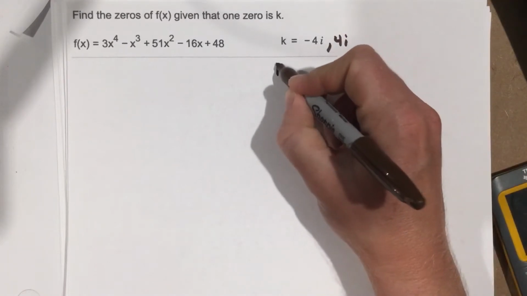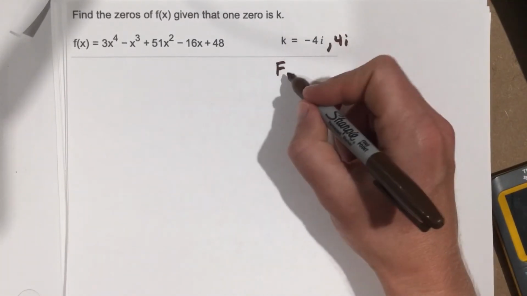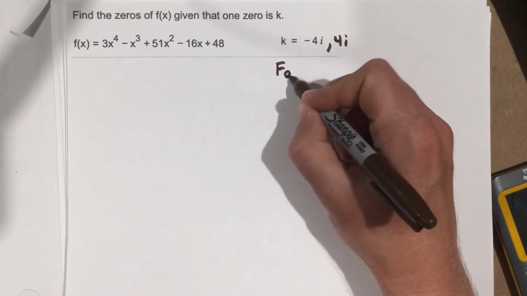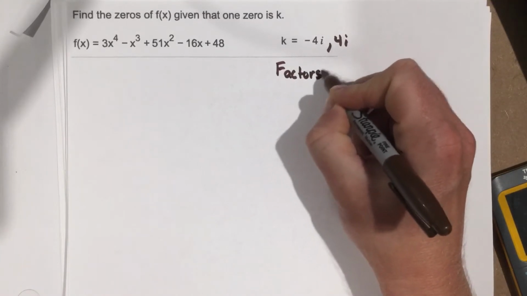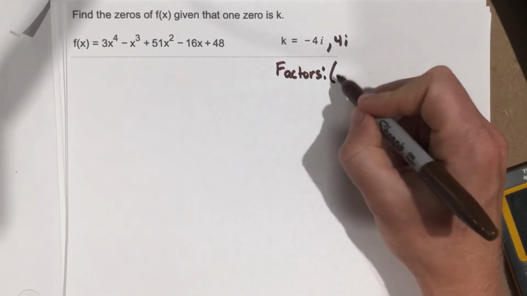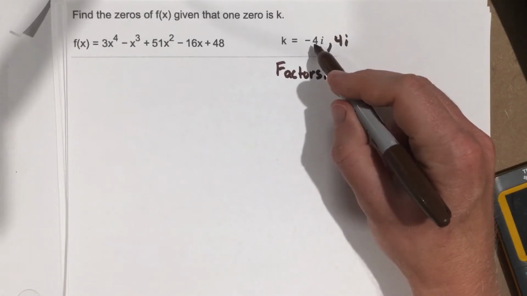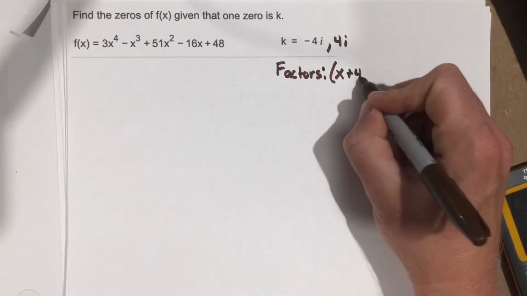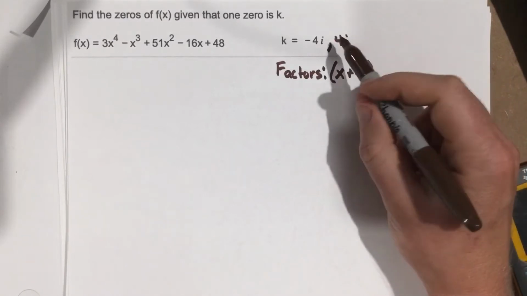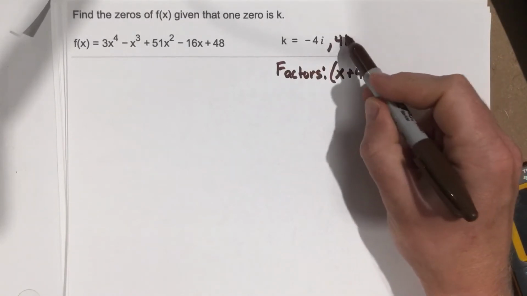We know that the factors of this 4th degree polynomial so far are x minus negative 4i, which would be x plus 4i, and then x minus 4i.